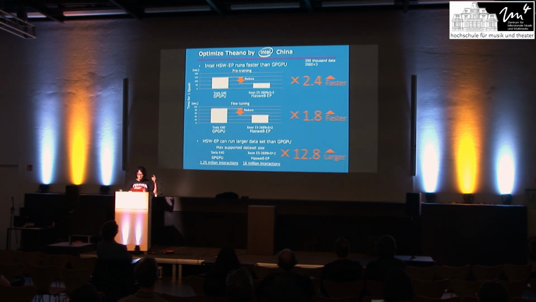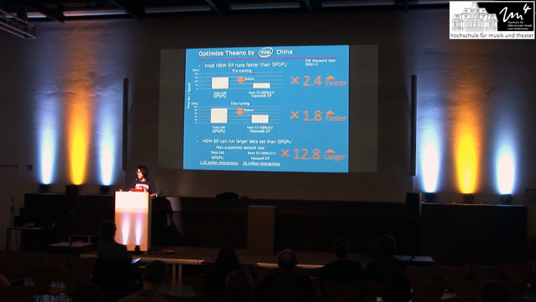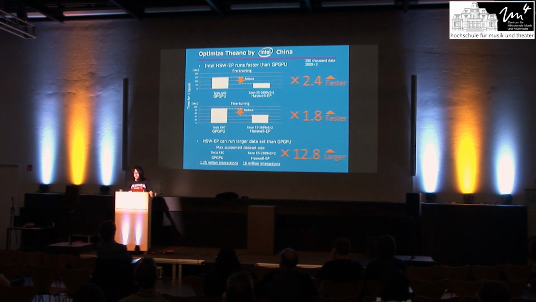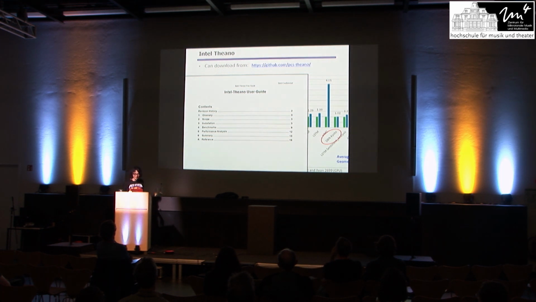In pre-training, Intel Xeon EP runs 2.4 times faster than GPGPU. And in fine-tuning, the Xeon EP runs 1.8 times faster than GPGPU. And also, the Xeon EP can run almost 13 times larger data sets than GPGPU. You can download the Intel Theano from this URL, github.com/PCS-Theano.